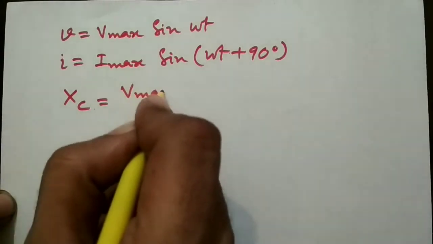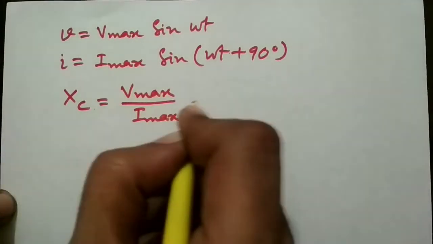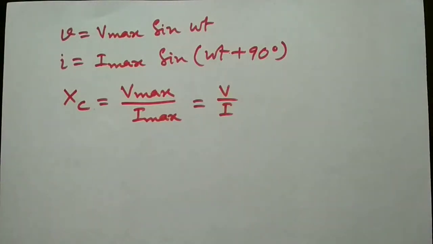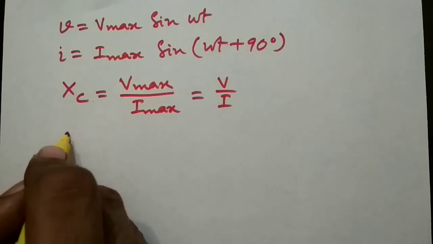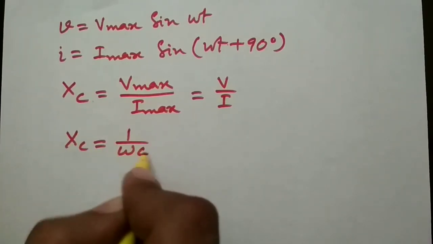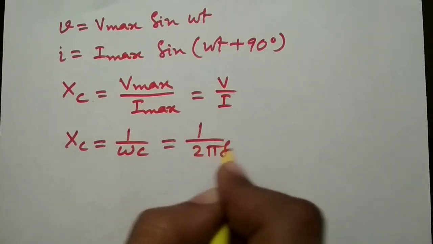It is Vmax upon Imax or Vrms upon Irms. The capacitive reactance can also be written as 1 upon omega C or 1 upon 2 pi fC.